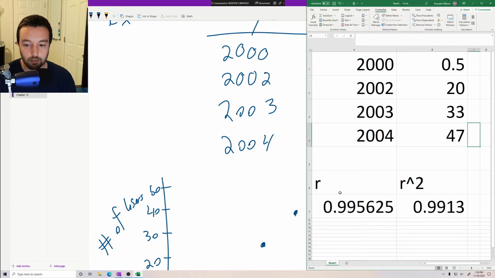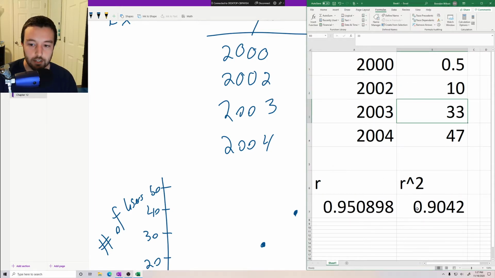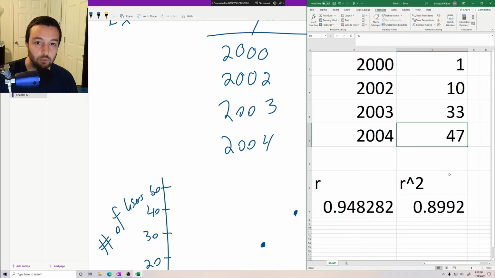So we would say that these are very strongly correlated. If we change some of this, like maybe we make this a 10, it's going to change everything. Now they still would be strongly correlated, but not quite as strong. Change that to a 1, now it's going down even more. Say 2004 was way off of everything else, like maybe it was 100.